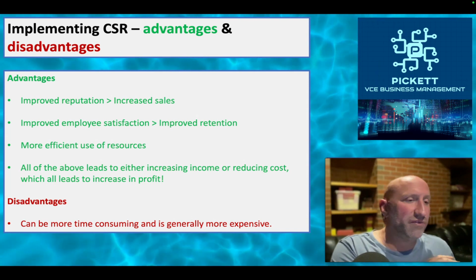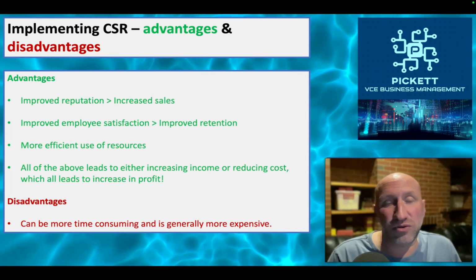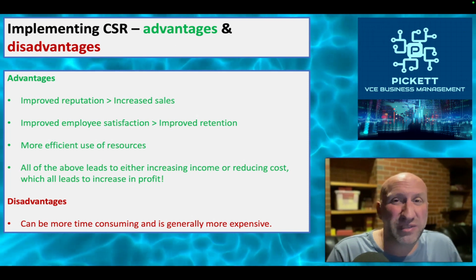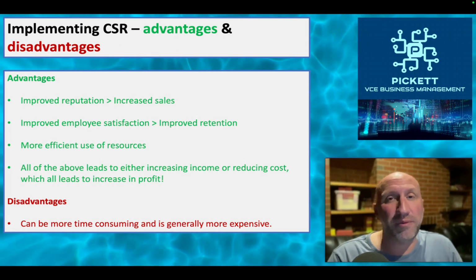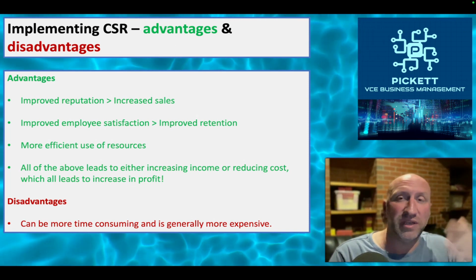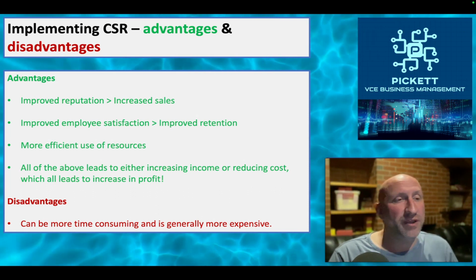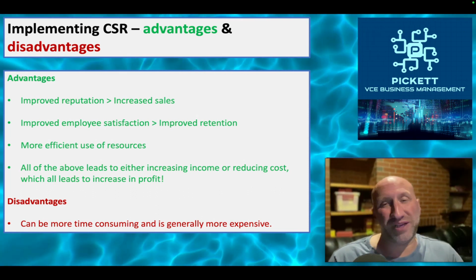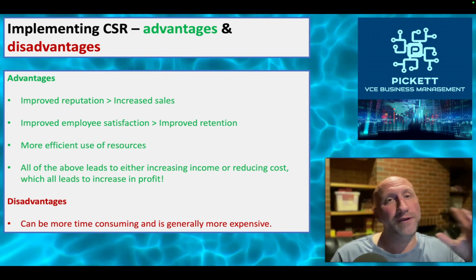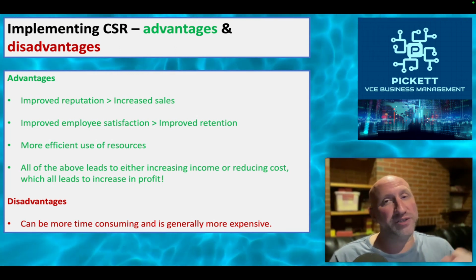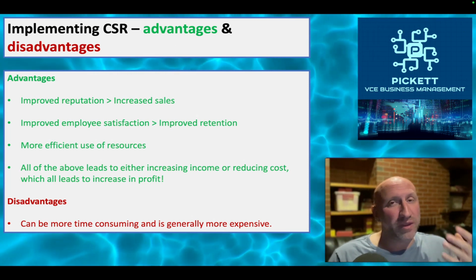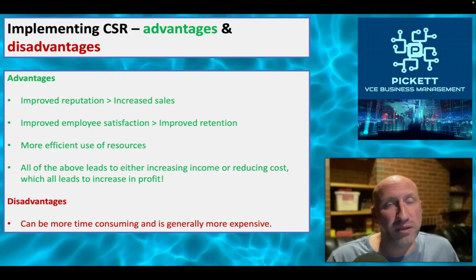What's the downside to all of this? Really, there are very few. Time consuming potentially, but really the number one downside to all of this stuff is generally it is more expensive. So basically it is usually more expensive to operate in an ethical and socially responsible way than it is to not.